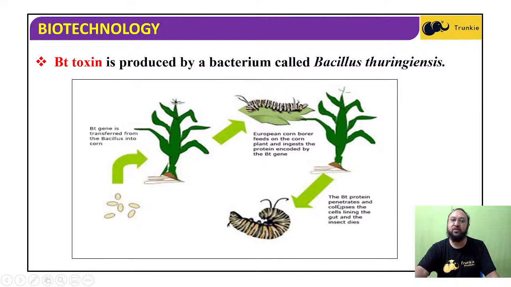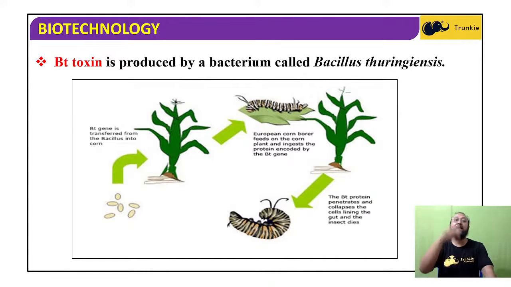So the Bt protein penetrates and collapses the cells lining the gut of the insect, and it dies. What happens when the Bt protein goes in? It collapses the lining of the gut, and this pest dies. The European corn borer feeds on the corn plant and ingests the protein encoded by the Bt gene.